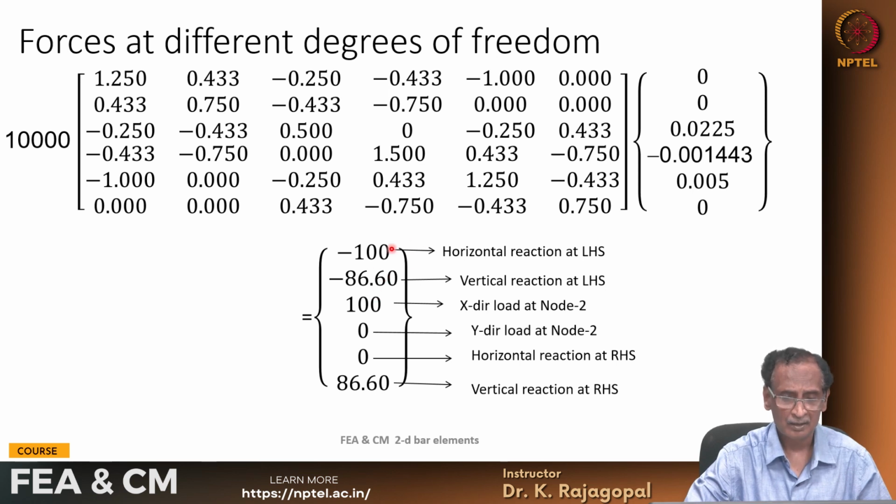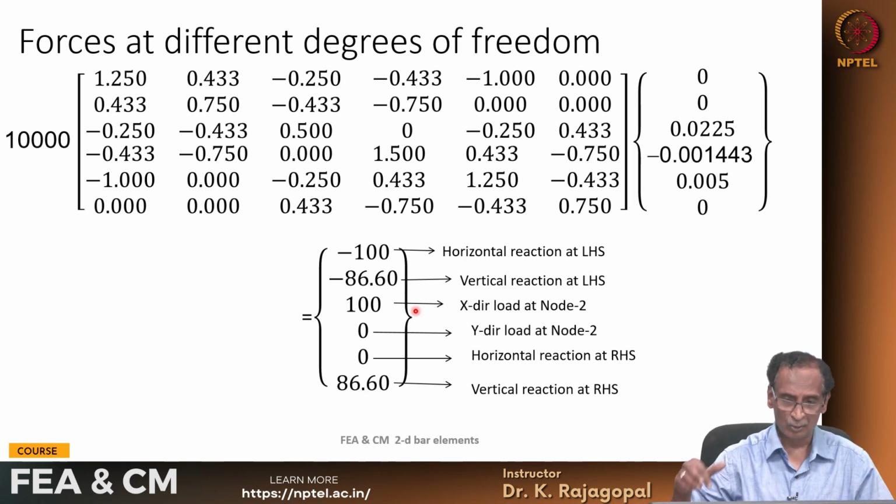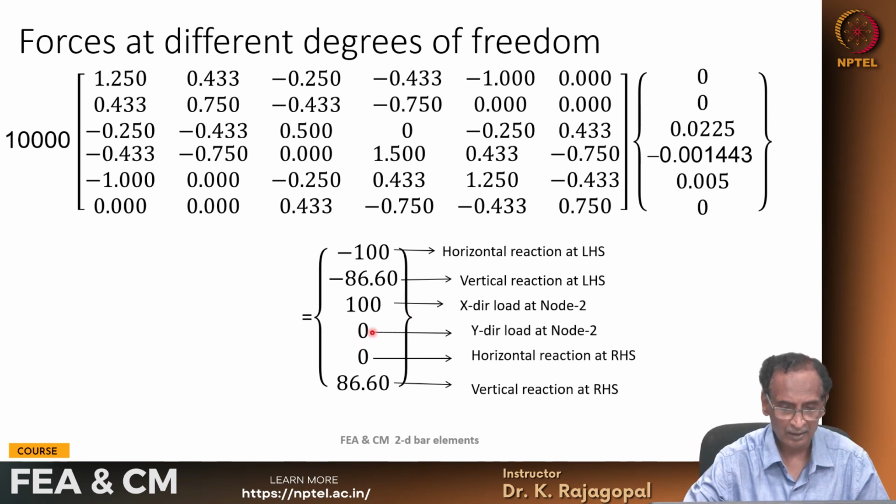Okay, and at degree of freedom 1 we get minus 100, that is corresponding to the horizontal reaction at the left hand side support, and minus 86.6, that's the vertical reaction at the left hand side support, plus 100, that's corresponding to the applied force at node 2, and 0, 0 because there are no forces in these 2 degrees of freedom, and then this corresponds to the vertical reaction at the right hand side support.